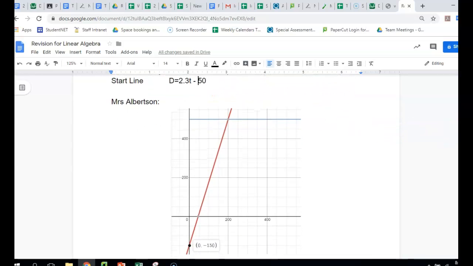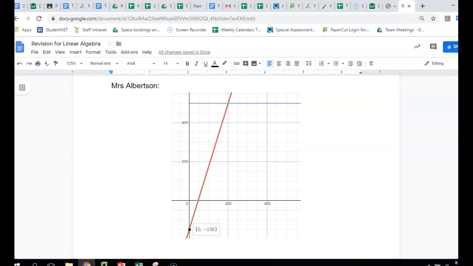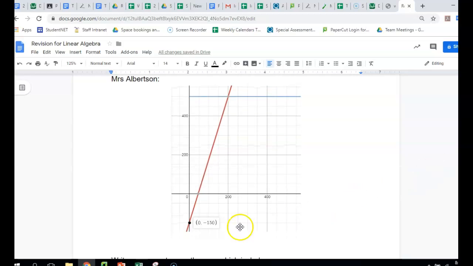And then for Mrs. Albertson, we get a graph. First of all we're going to work out her speed, her gradient. She's gone from minus 150 all the way up to 500, so her rise equals 650.